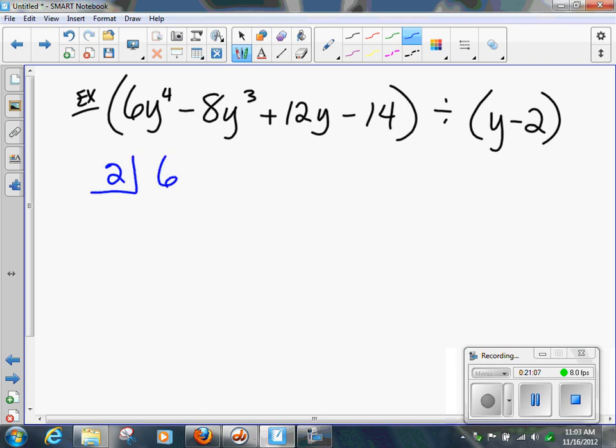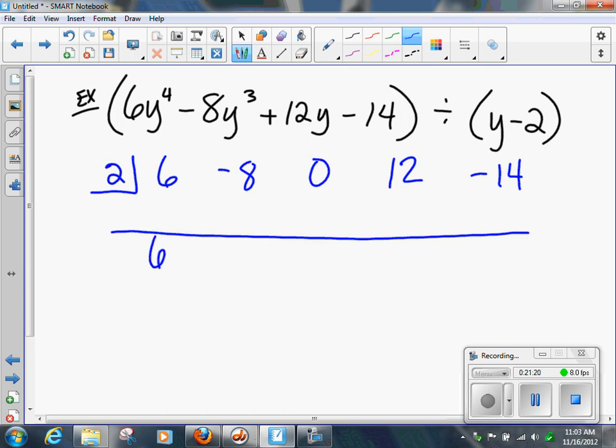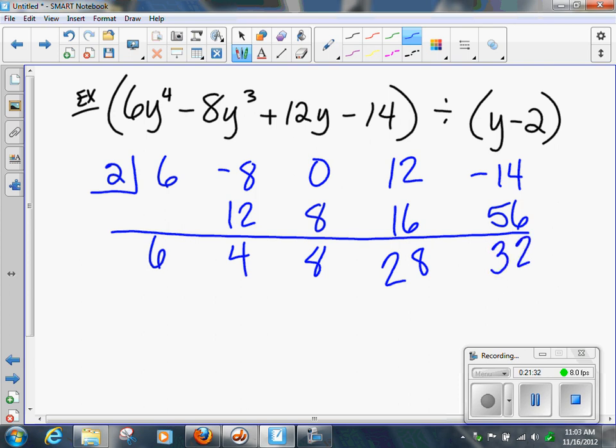That's right. 6, negative 8, 0, because I'm missing the y squared term, 12, negative 14. Right on? Here we go. 6, 12, 4, 8, 16, 28, 56, 32, 42.